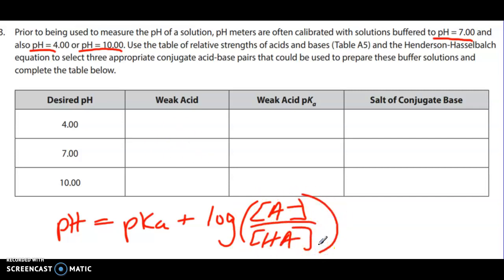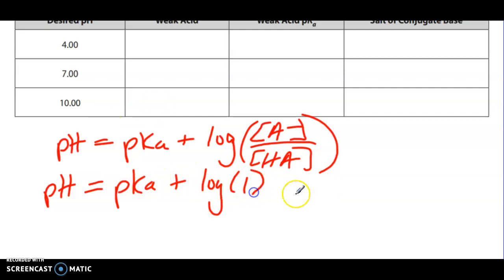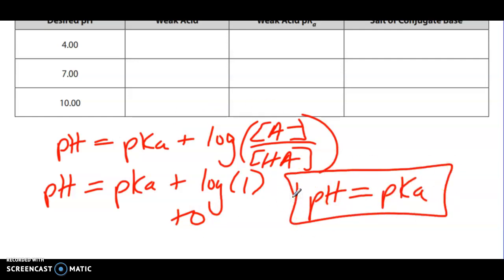The best case scenario for the most efficient buffer possible would be to have a ratio of 1. So pH is equal to pKa plus the log of 1, which would be basically 0. In other words, pH is equal to pKa. That's the optimum option.